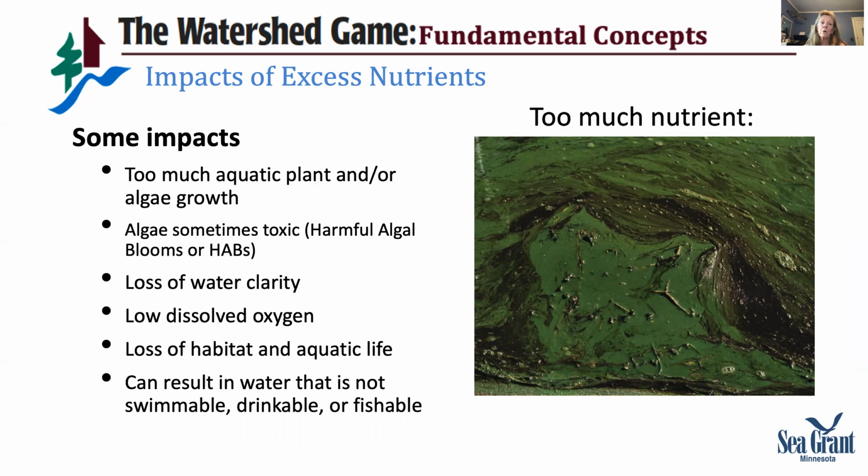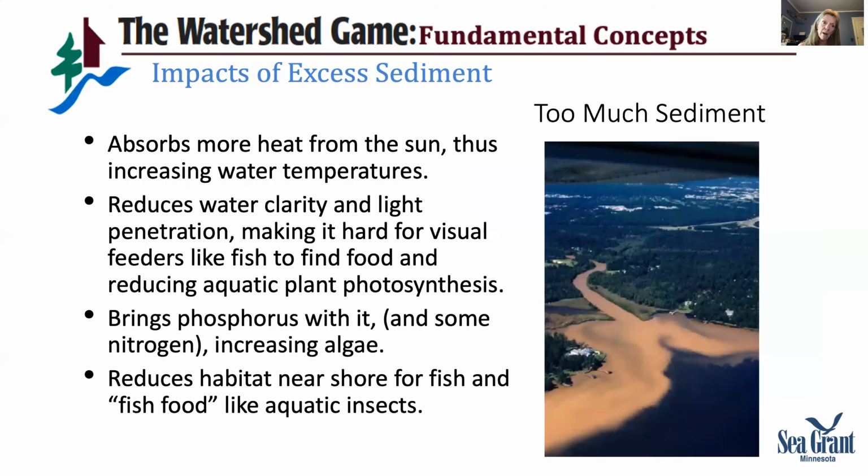Aquatic plants are really important for habitat for aquatic insects and larval fish. So losing them can be significantly important in habitat and aquatic life. Algae can be toxic. You all know about toxic algal blooms by this point, I'm sure, harmful algal blooms. And it can result in water that is not swimmable, drinkable, or fishable, which is what we're trying to attain. All right, so now let's switch to sediment.